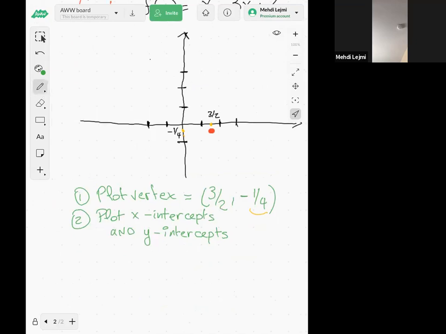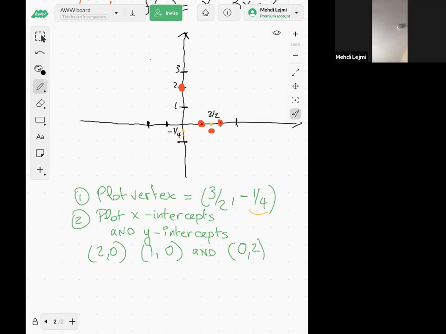And then the y-intercept is 0, 2. Okay, so let's plot these points. So let's start with 2, 0. Here's 2, 0. And then 1, 0. So here's 1, 0. And then 0, 2. So here's 0, 2. Right? So again, guys, this is 1, 2, 3, etc. So I got my x- and y-intercepts.